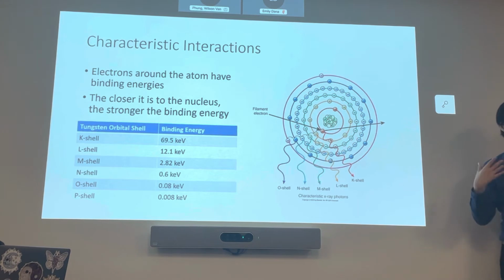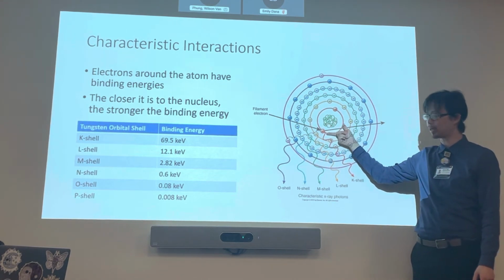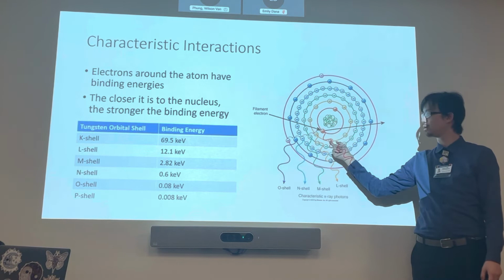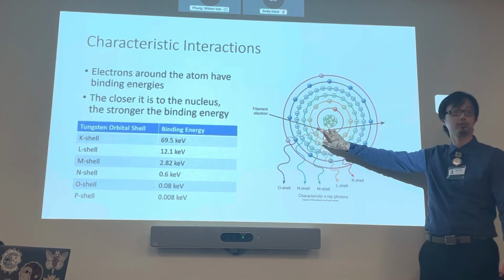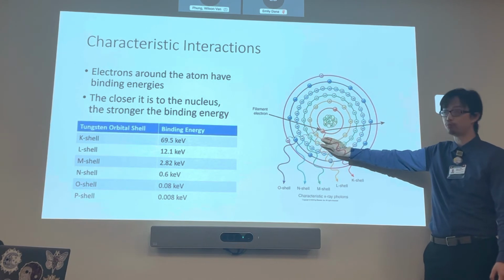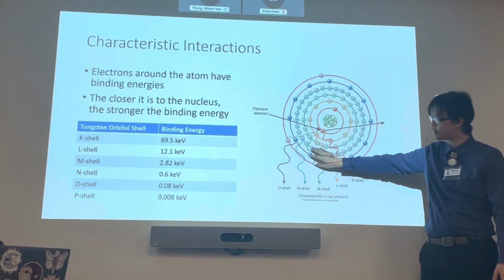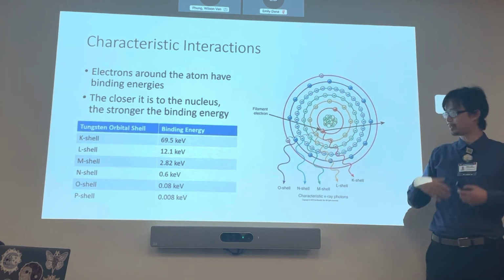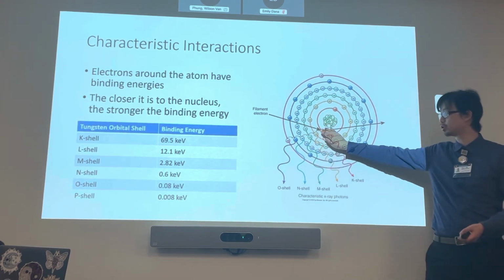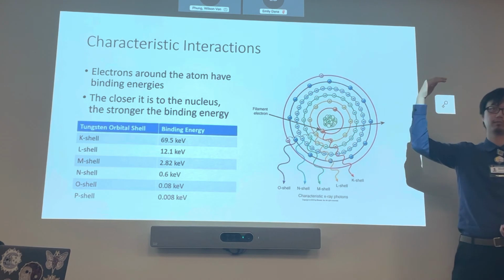So in order to get lucky, we just throw millions of electrons at our target and hope some of them kick out a K shell electron. When it gets kicked out, it's pure luck as to which one jumps in. The closer ones are more likely to jump in, but there's still a chance the further ones can jump in, right? Ideally, we would like the further ones to jump in, so our X-ray energy is higher.